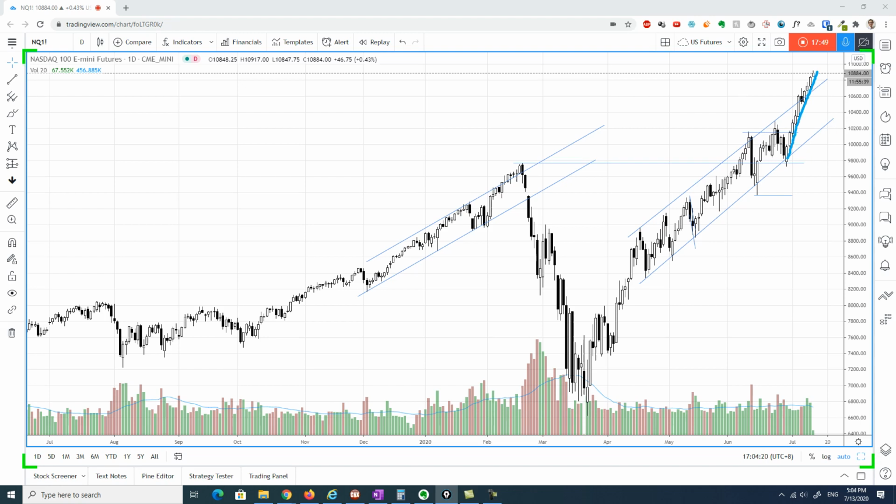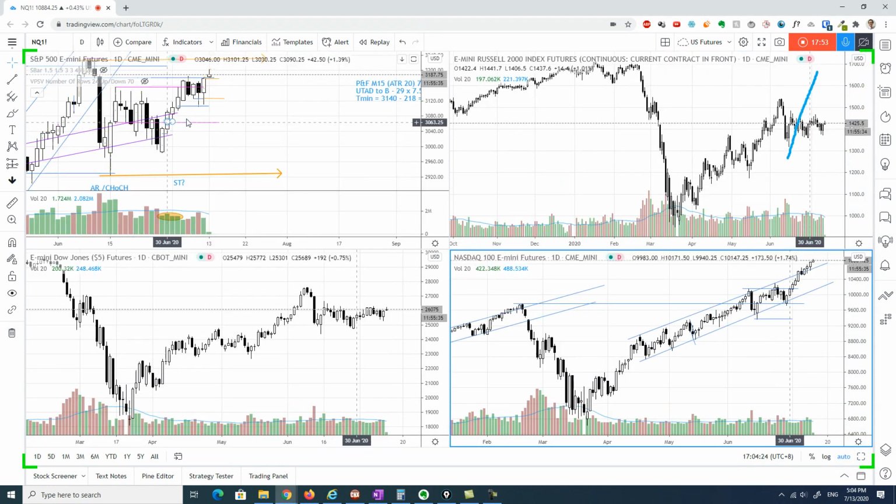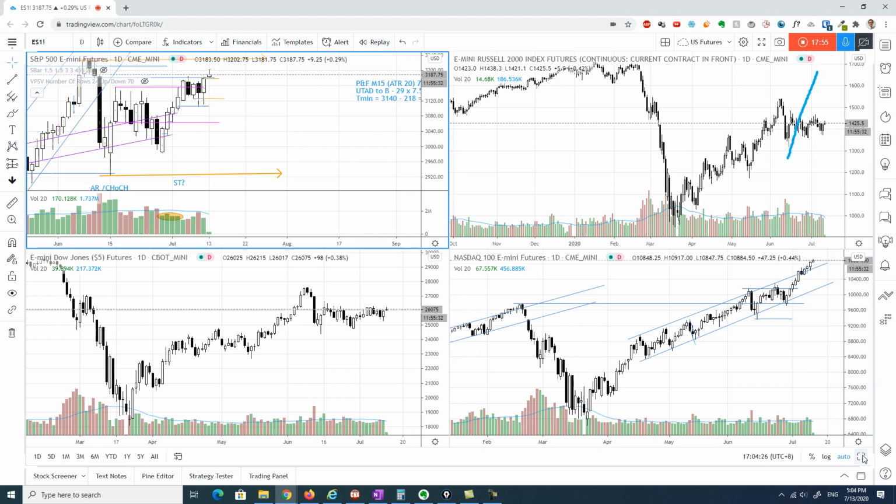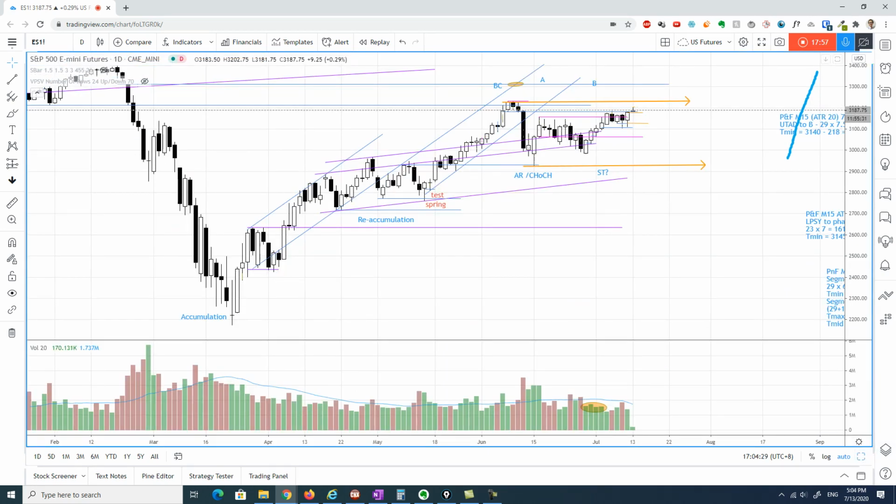All right, so let's also pay attention to Nasdaq as well. And for the S&P 500, I think I've talked about the bias for day trading and the long-term key levels. And also the potential setup, I'm looking at a long entry when it shows some kind of reversal around 3170 to 3180.